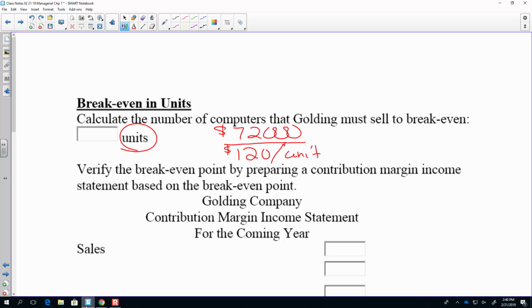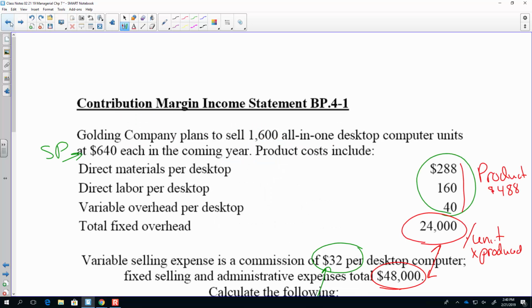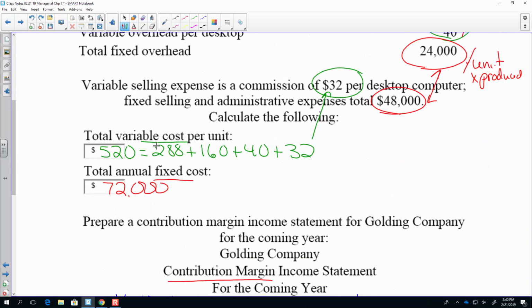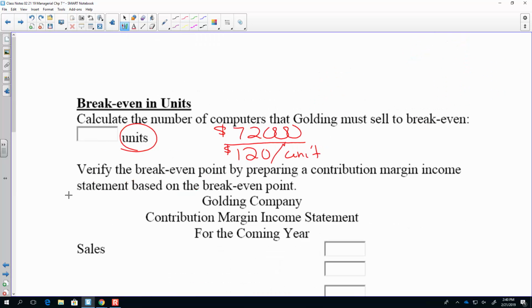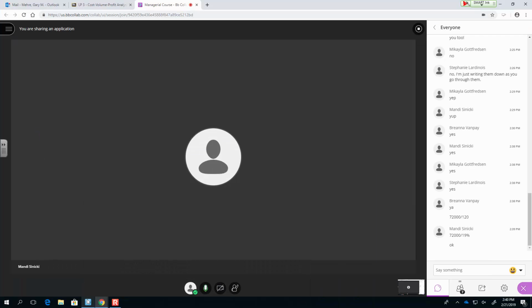It's simply the selling price back here of 640 minus the 520. Brianna, what number is this then? 600? Awesome.